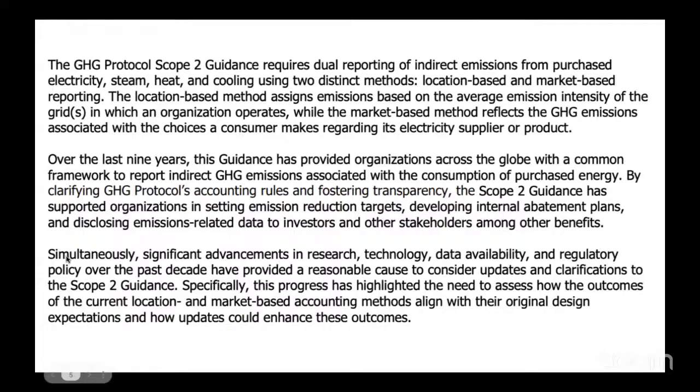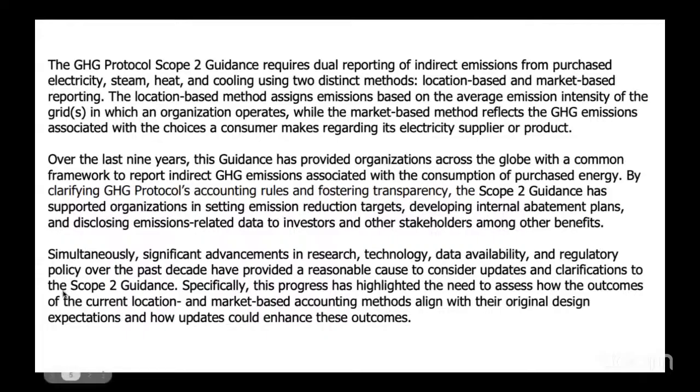Simultaneously, significant advancements in research, technology, data availability, and regulatory policy over the past decade have provided reasonable cause to consider updates and clarifications to Scope 2 guidance.